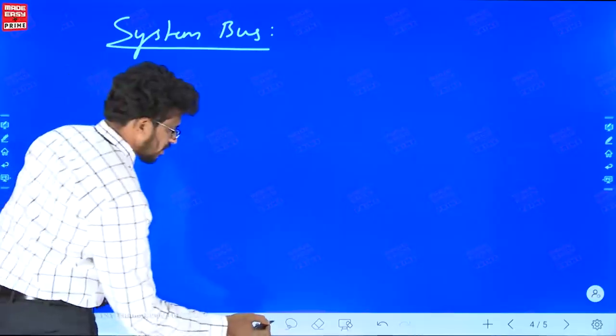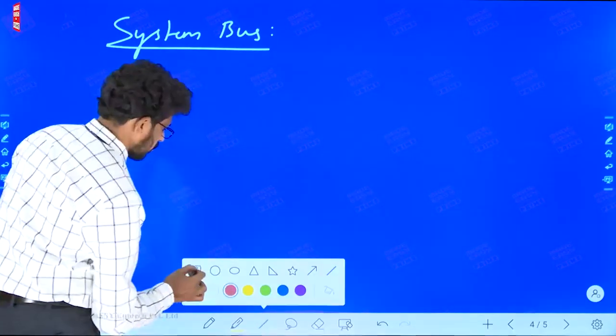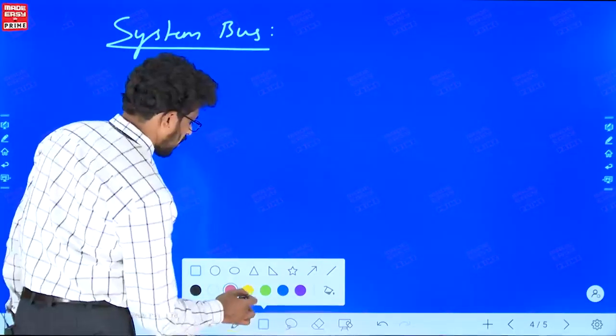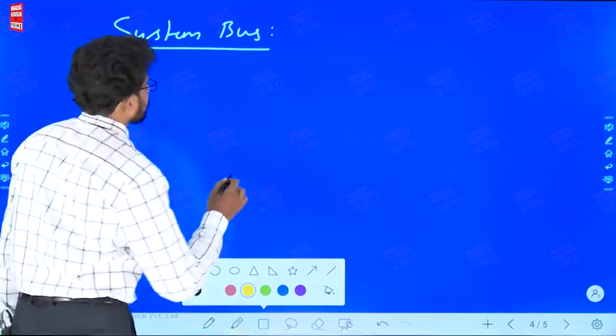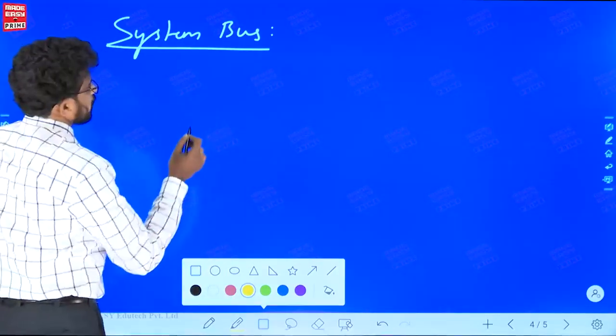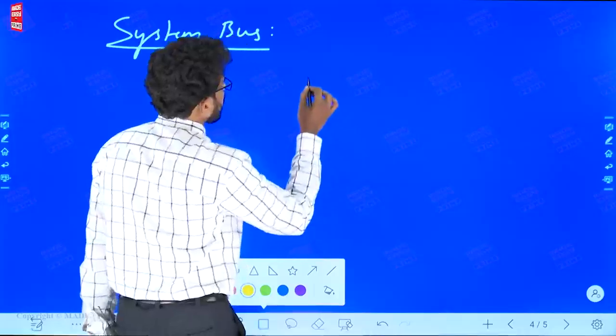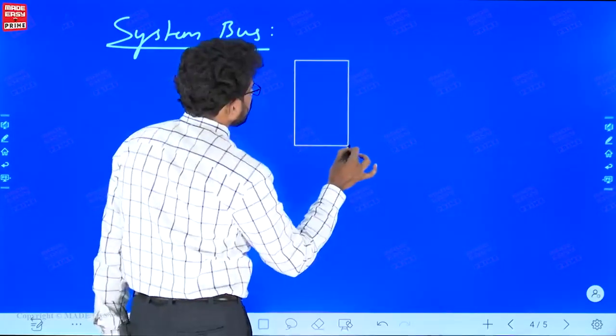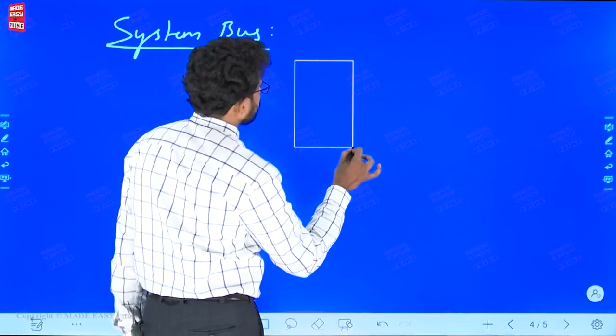So, if you consider this path, how it is possible, let us see. Okay, I'm again coming back to the same block diagram.